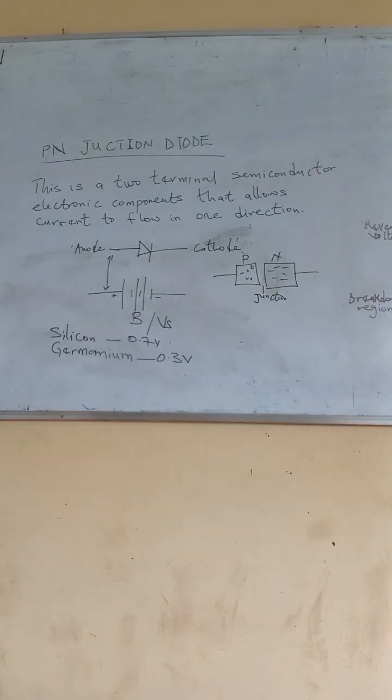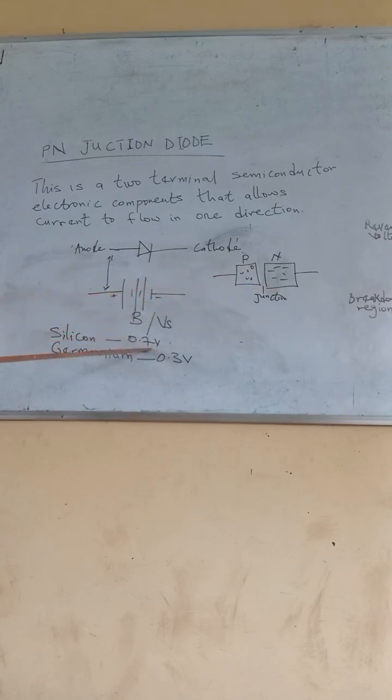There are two materials that you normally use to construct this PN junction diode semiconductor: silicon and germanium. They can use silicon as the semiconductor material or they can use germanium. When silicon is used, the voltage that allows the current to start flowing is 0.7 volt.